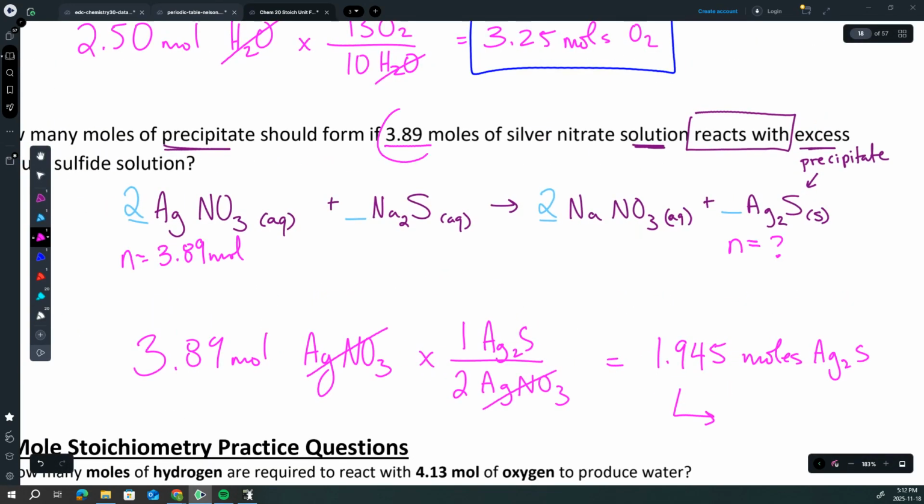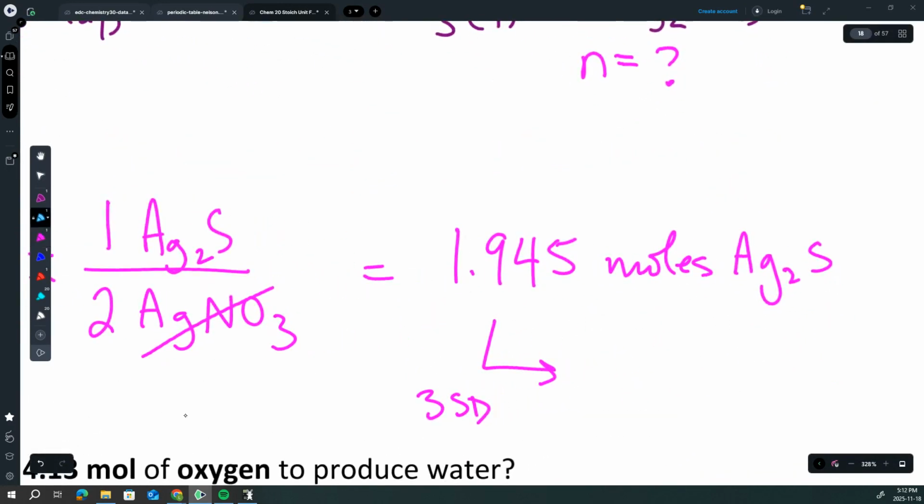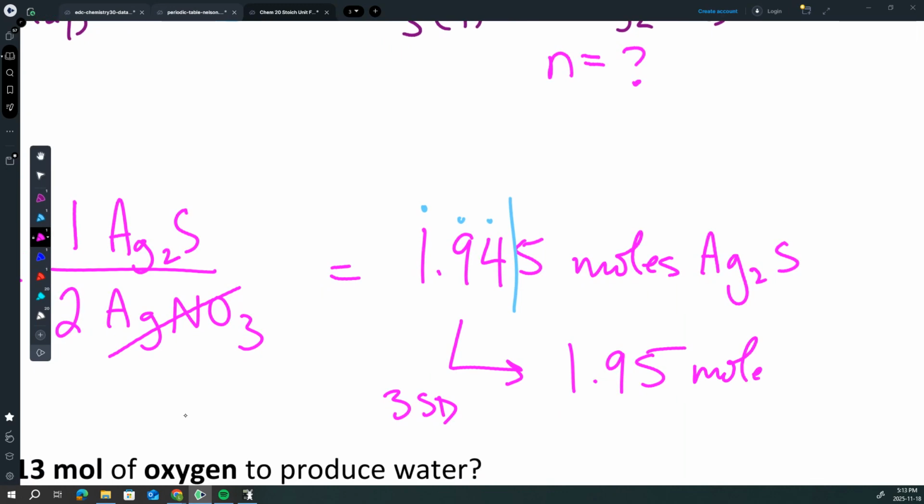So looking at our question, we have 3 sig digs that we need our final answer to be in. So if I count 1, 2, 3, so there's my cutoff line. So I got 1.9, and this 5 behind the cutoff line is going to round the 4 up in front of the cutoff line. So 1.945 moles of silver sulfide.